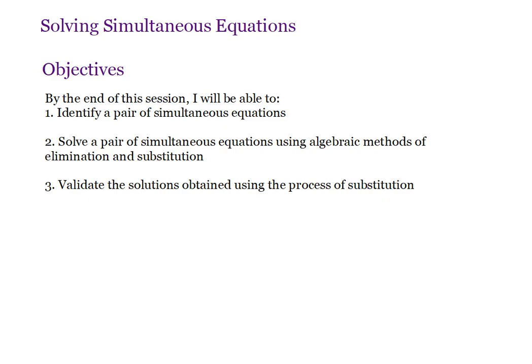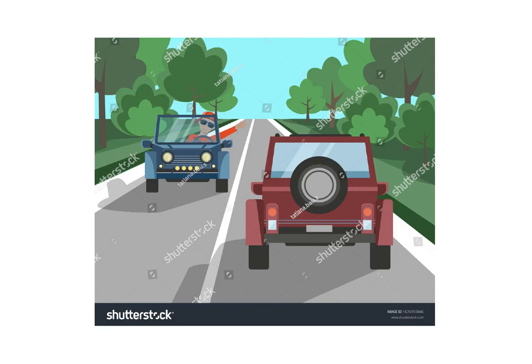But let's get into what simultaneous equations are about. So our lesson today on simultaneous equations, one of the most common ideas that comes to my mind when I think about real-life applications would be in a case where you have two objects moving towards the same point. So you can think of something like two vehicles going to the same point, probably moving in opposite directions like illustrated in this image.